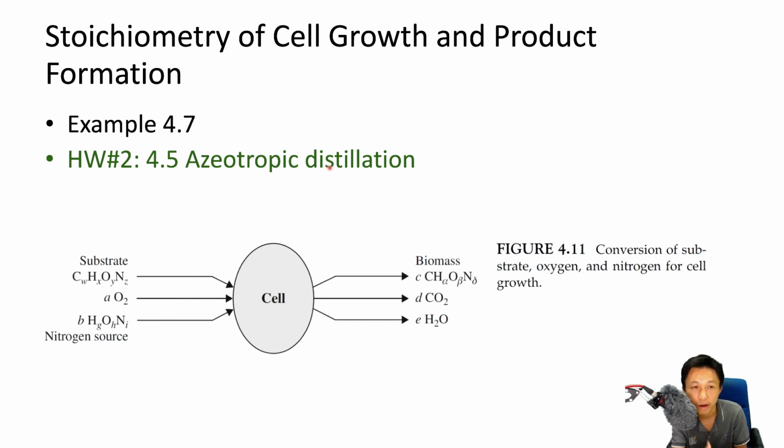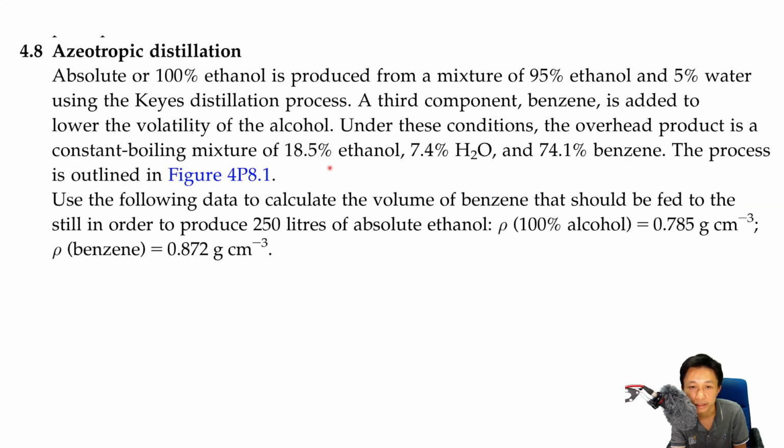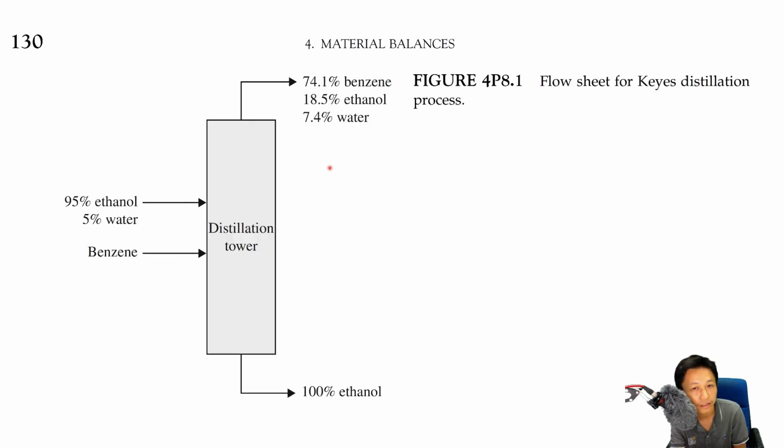You need to have more process on how to separate it. I think this is the one, right? So this is the process, called Keyes distillation. This is a mixture that you cannot separate.